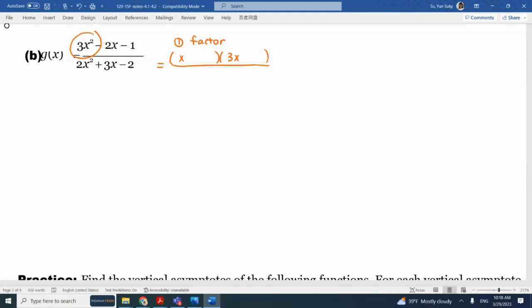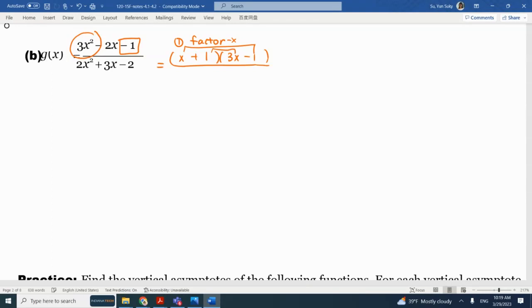Yes, everybody? Okay. How about I ask you questions, you take turns to answer my questions. Hi, Derika. What are the factors of minus 1? 1 and minus 1, right? Okay, if we put 1 here and we put minus 1 here, what happens? Multiply the outside, we get negative x.